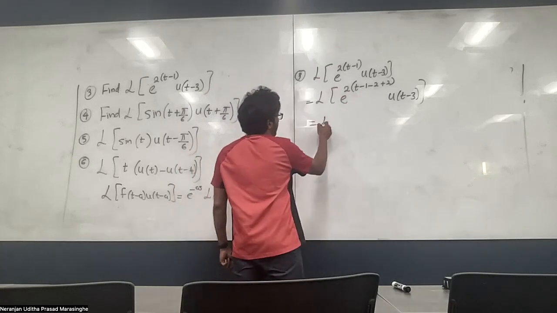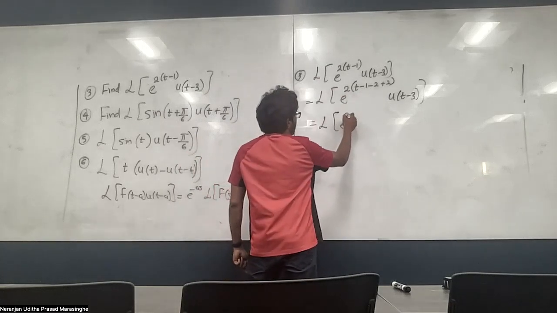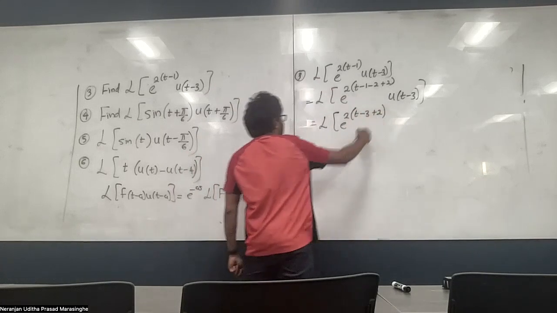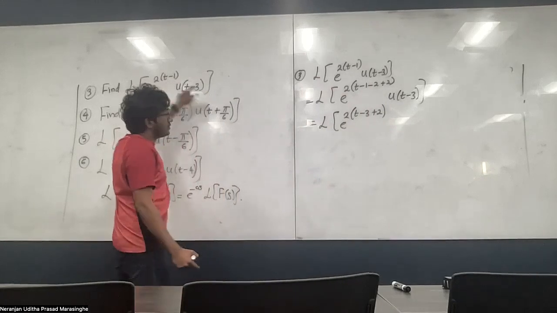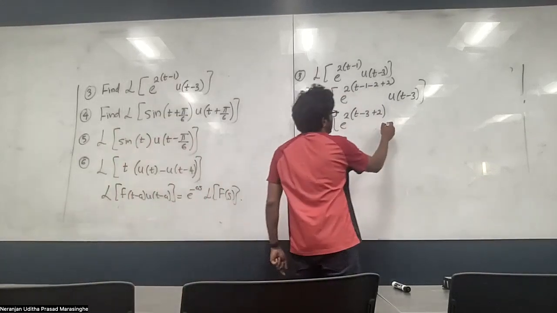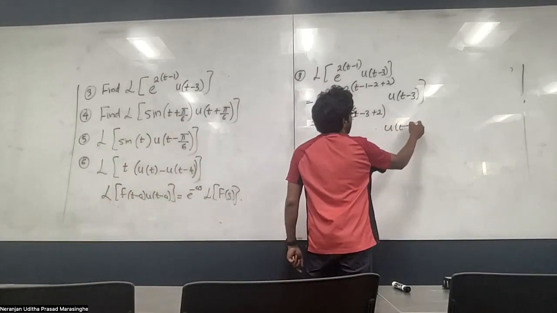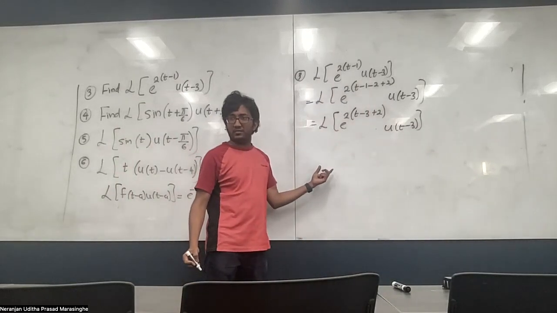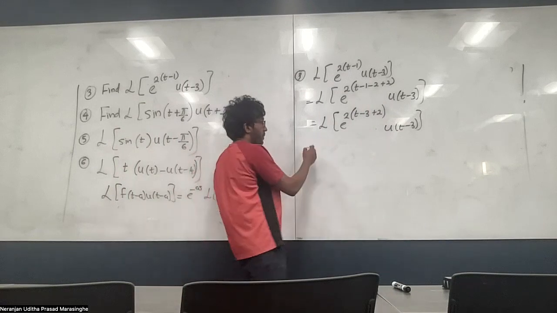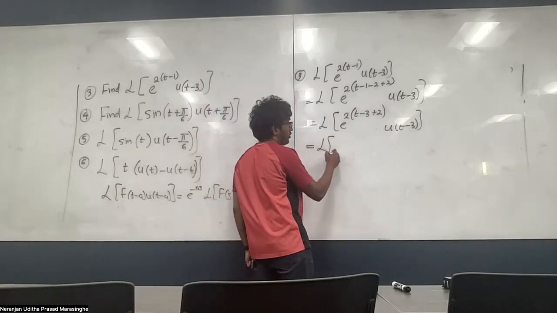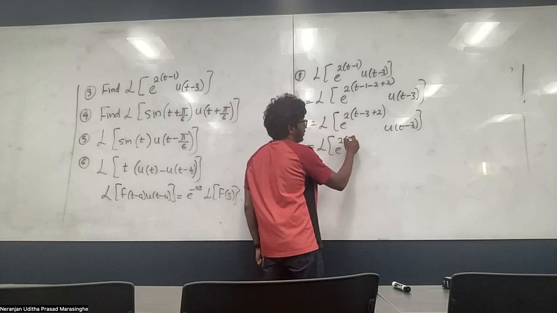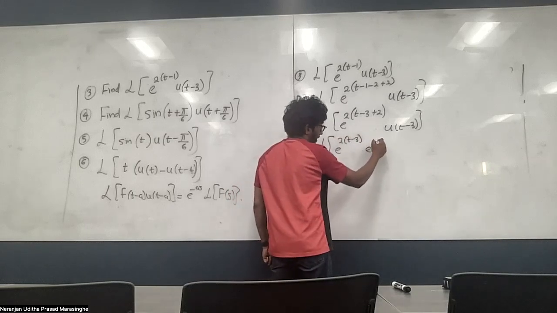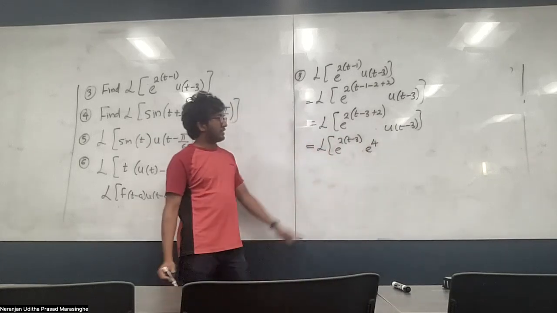So I would get Laplace of e to the 2(t minus 3 plus 2), still having t minus 1, right, times u(t minus 3). Then I would apply the rules of exponentials. I can write this function in this form: e to the 2(t minus 3) plus 4. That means I can decompose that in this way. Is that clear?